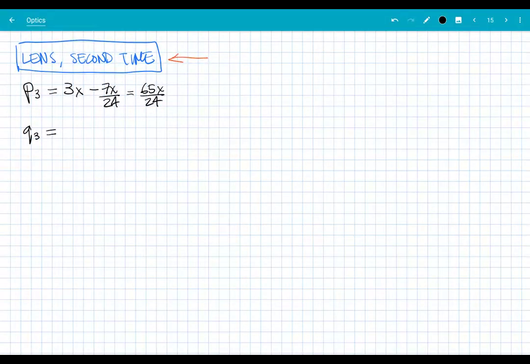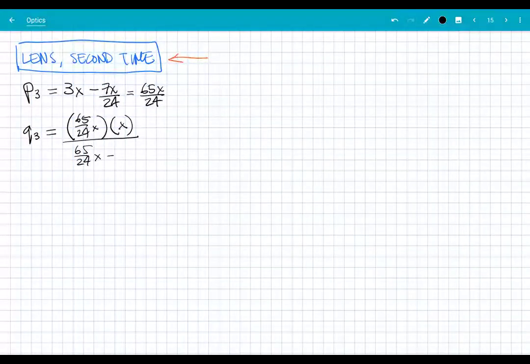Okay, so where's this image? Well, what do I have here? 65 over 24x times my focal length, which is just x, over 65 over 24x minus x. And that gives me, there's some algebra steps in there, but I get 65x over 41 as my answer there.